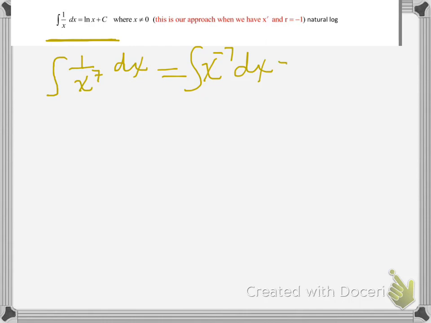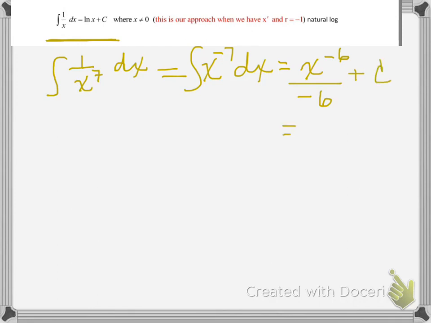To take that antiderivative, you would write down your base. You would add 1 to your power, which means making it less negative. So if you add 1, the power ends up being negative 6, and then I'm going to divide by negative 6 as well, plus the constant of integration.